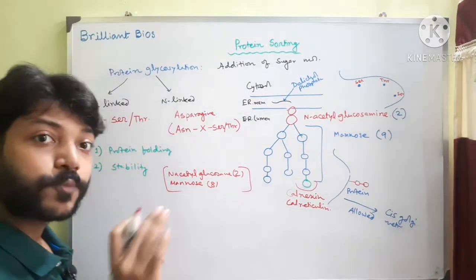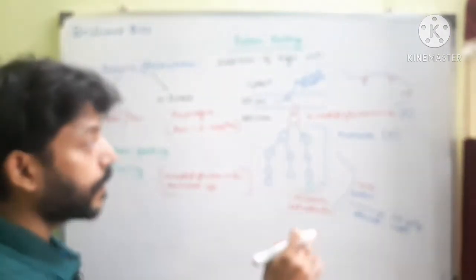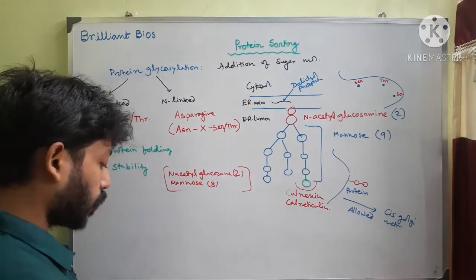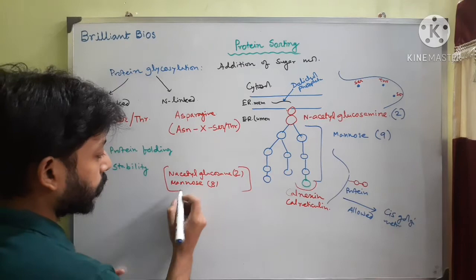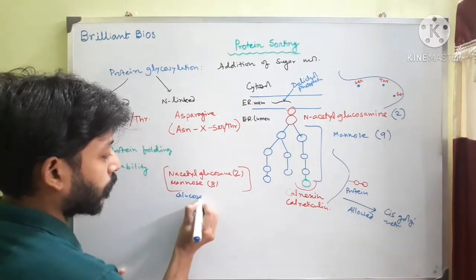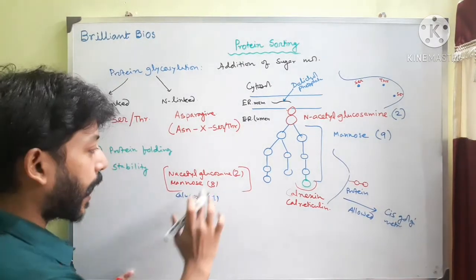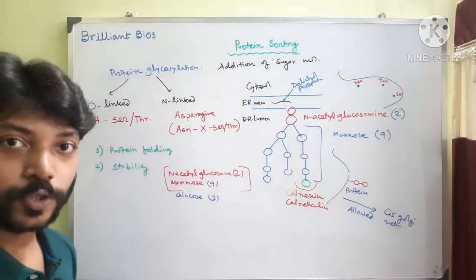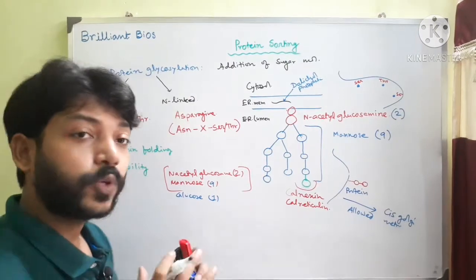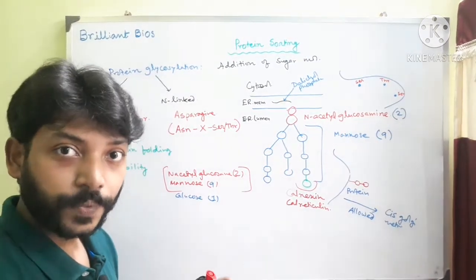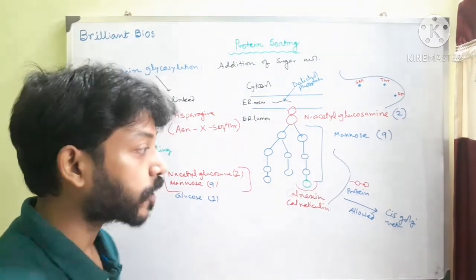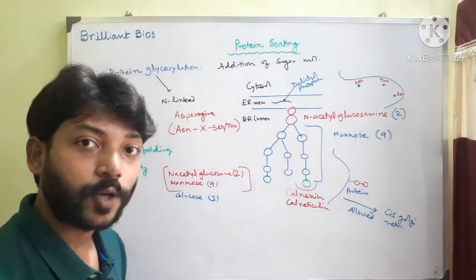But if there is any problem of protein folding, then 1 glucose molecule is added, and mannose will not be cut out, so there will be 9 mannose. Then calnexin and calreticulin will scan the protein, and they help in the retention of the protein inside the endoplasmic reticulum. They will not allow this protein to go to the cis-Golgi.